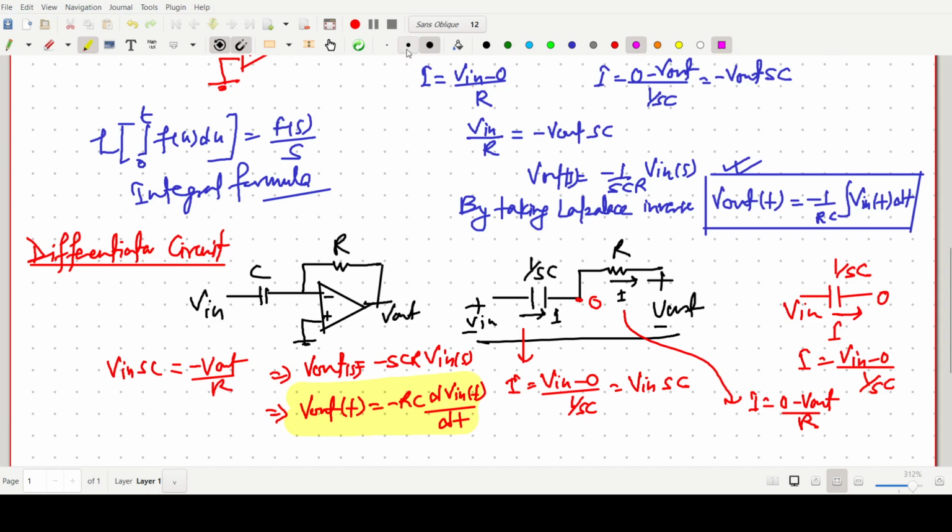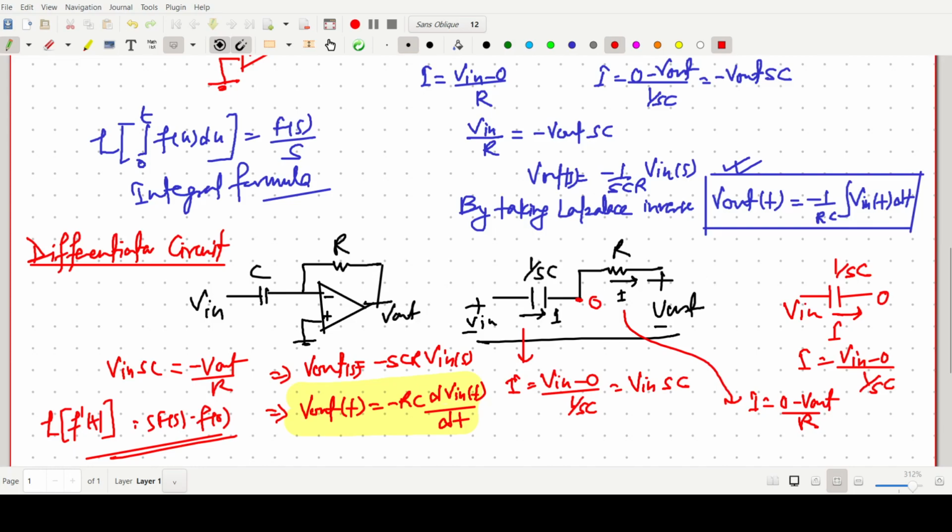Means what should be the Laplace of f dash t. That I am using, sF(s) minus f(0). There are so many formulas, but you have to know this type of basic thing, so you can solve other numericals or any other concept.